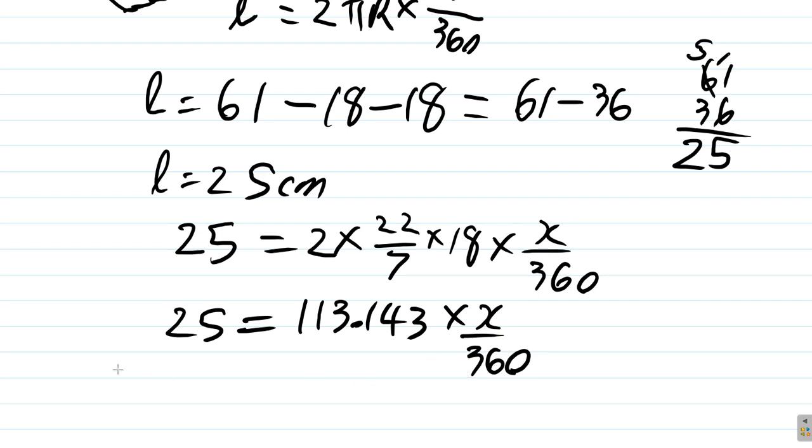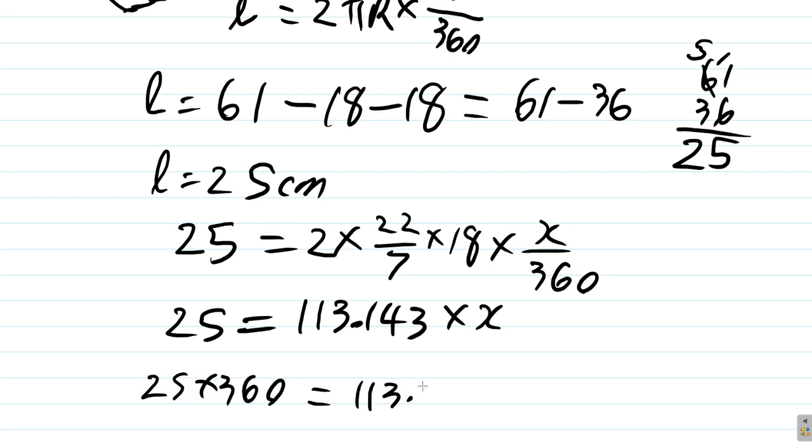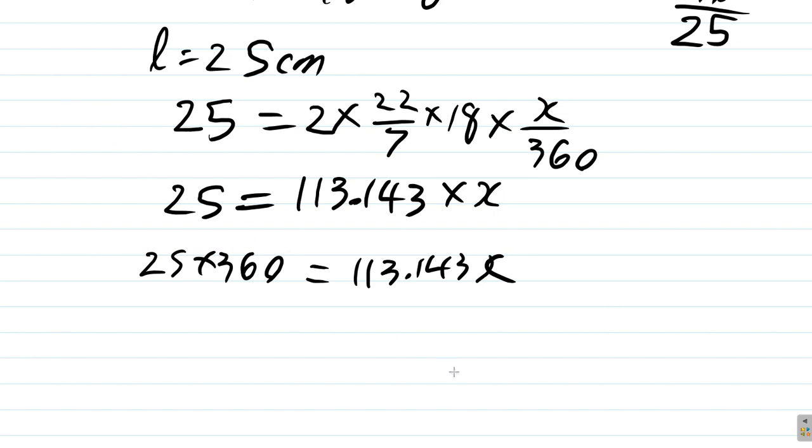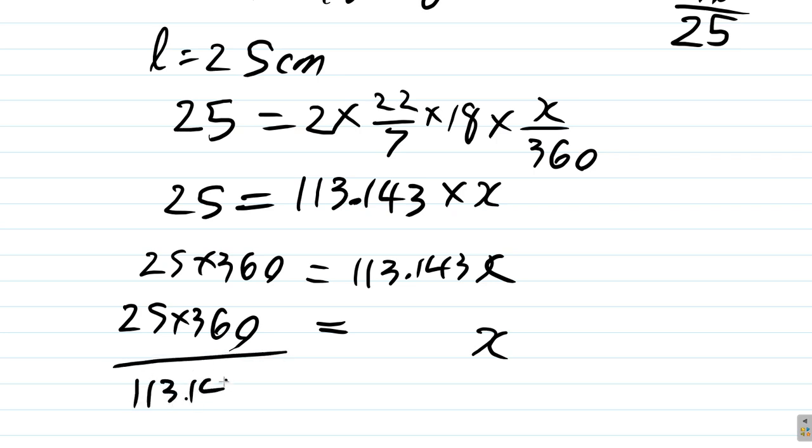So if you multiply both sides by 360, the 360 would cancel itself and it would multiply with 25. So we say 25 times 360 is equal to 113.143x. So x would be equal to, divide both sides by 113.143. You have 25 times 360 over 113.143.